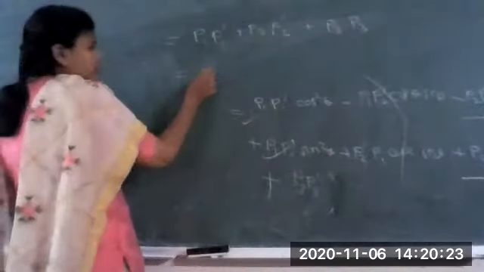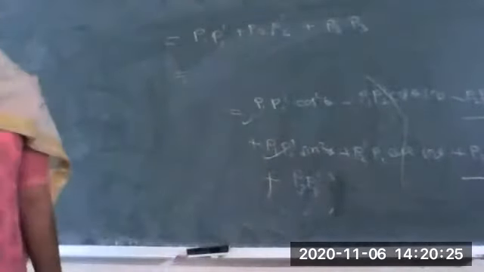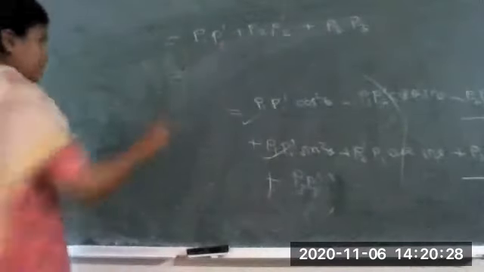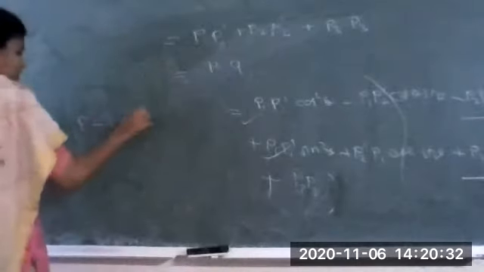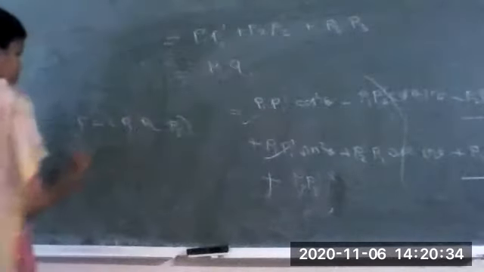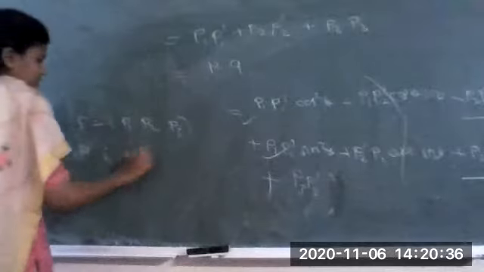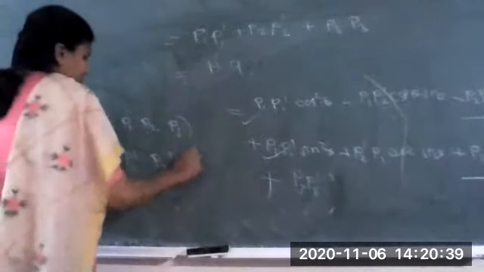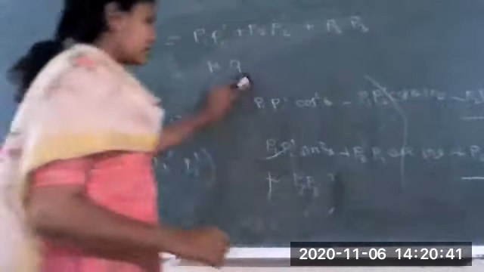Which is nothing but our P dot Q. What is P? P is with P1, P2, P3. What is P dash? It is with P1 dash, P2 dash and P3 dash. These are any two points in E3 space.